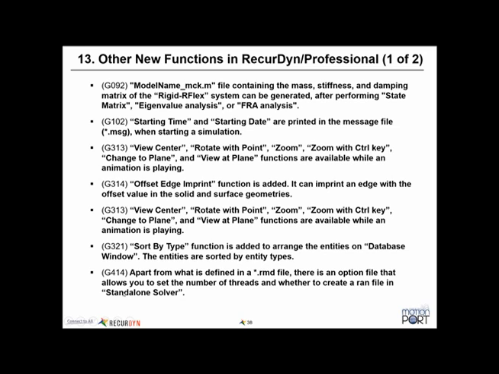You can read more about that in the documentation for the standalone solver. I don't know how many people are using the standalone solver, but it can be quite useful to run jobs, controlled with the batch file. So if you don't want to have the RecurDyn GUI up while you're doing a series of runs, you can certainly do it separately with the standalone solver.